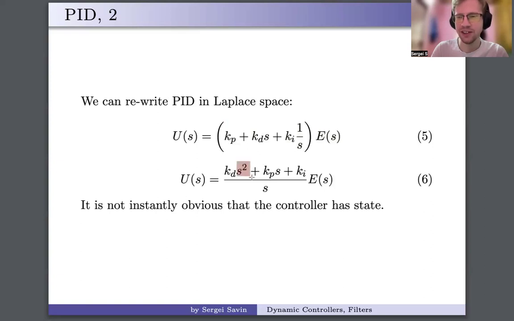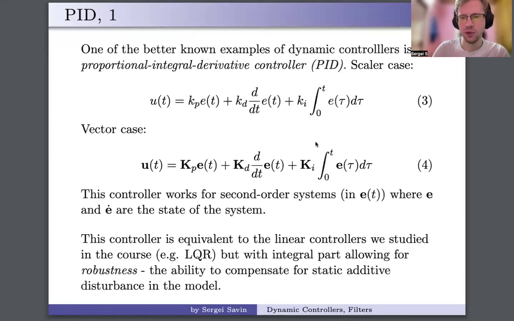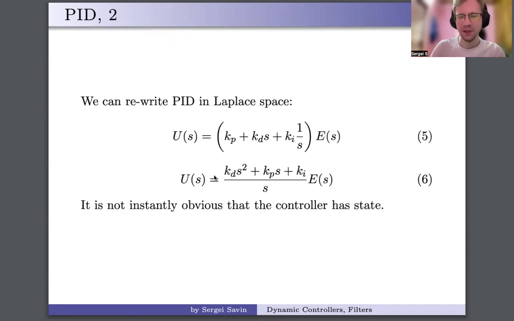With this term upstairs, it actually describes exactly what we saw on the previous slide, which you can describe as a differential integral equation. So not an ODE. Okay. Right. So this is not a proper transfer function. Okay. So from this description, it is not clear if the controller has state or not, right? It's not completely clear.